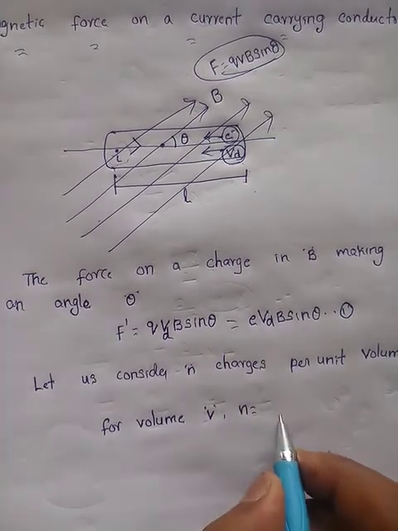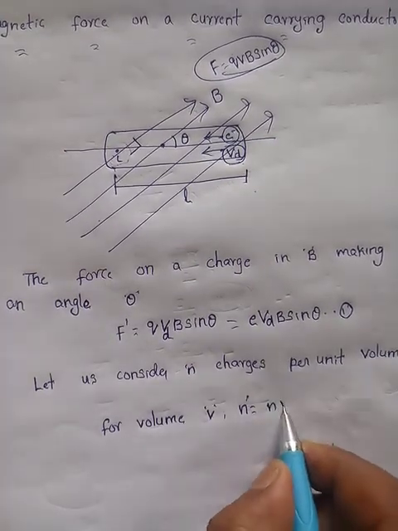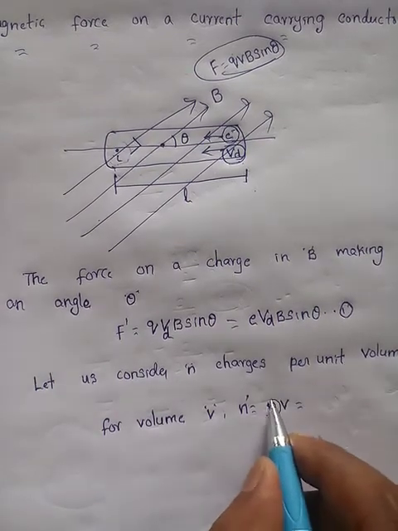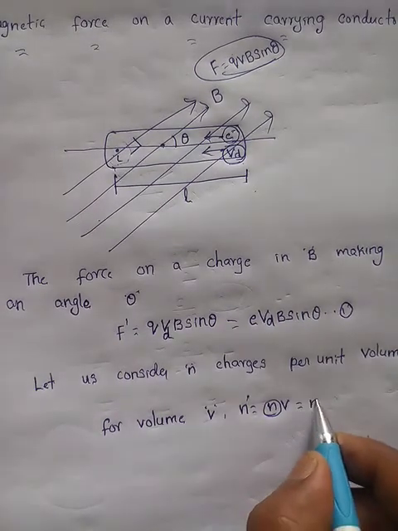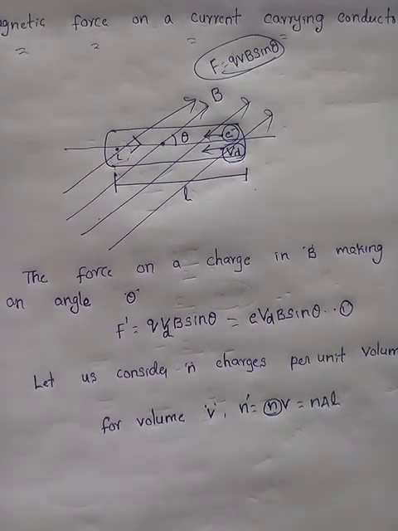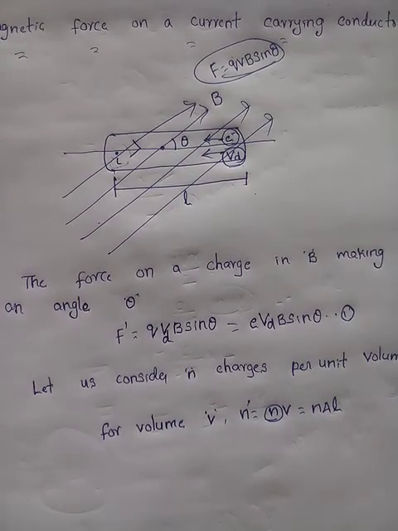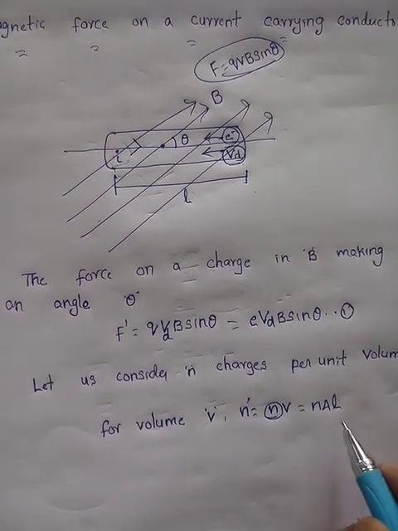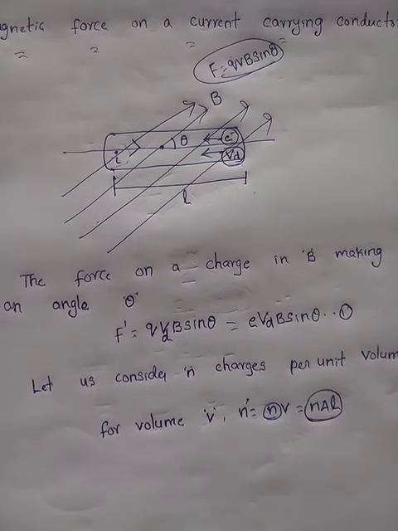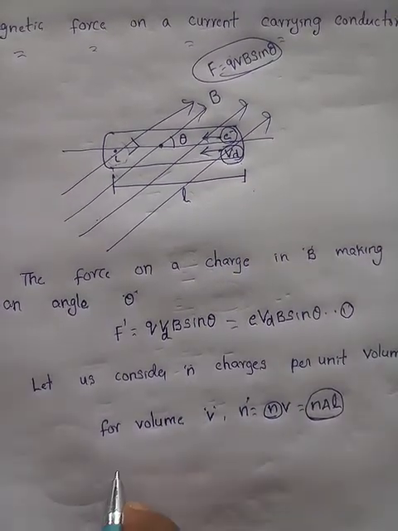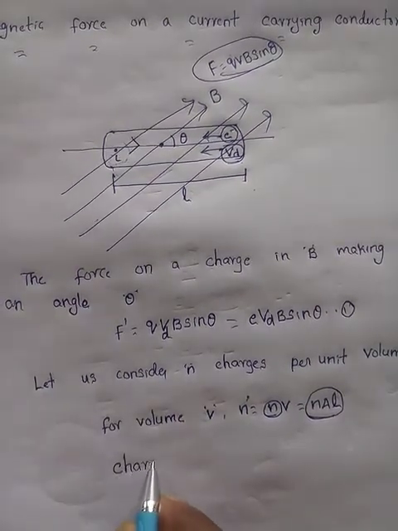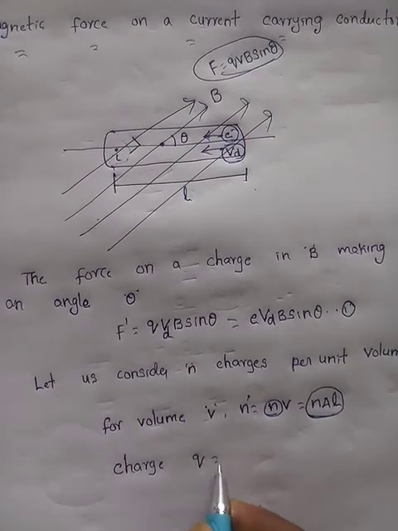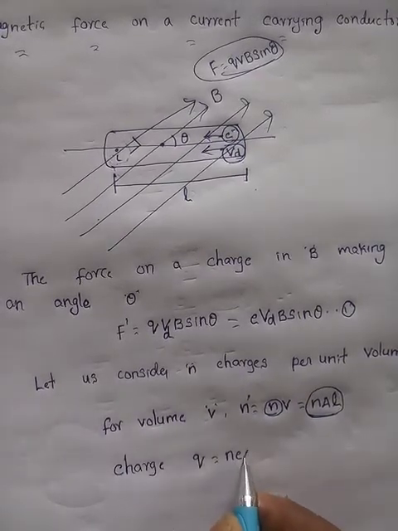N dash is equal to n into V, right? What is n? Number of charges per unit volume into total volume, which is n A L. So, how many charges are there here? n into A L. Total charge Q is equal to n e A L.